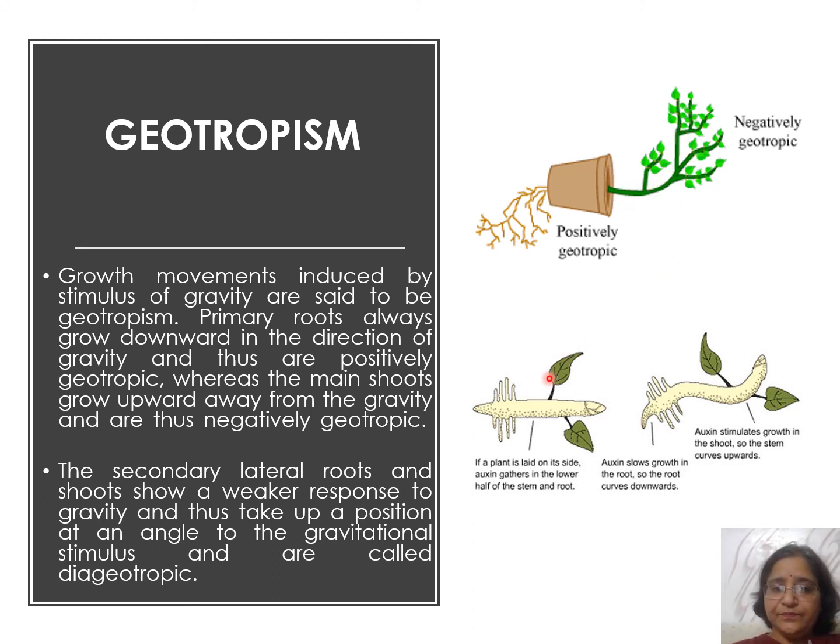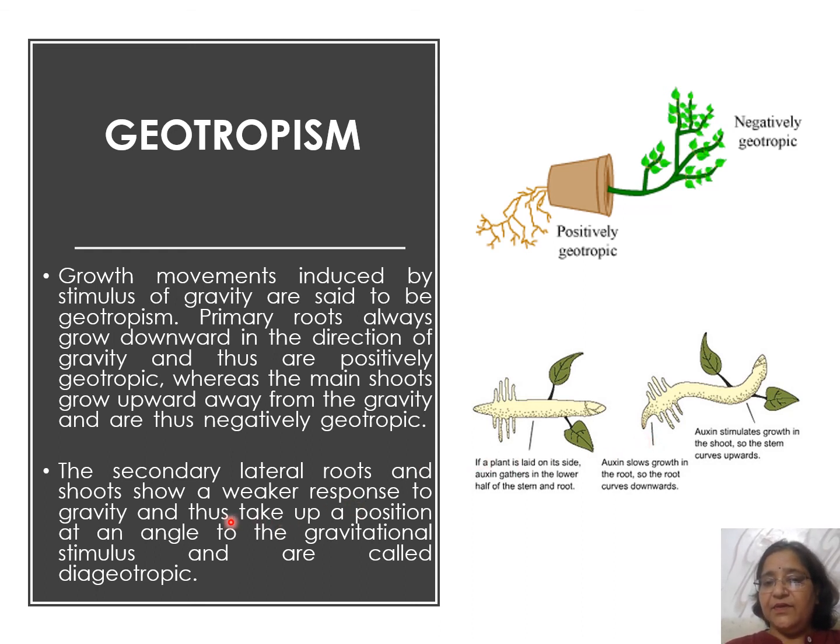Here also you can see that the auxins, due to gravity, settle towards this side. So more auxins prompt more stem growth, and the stem moves upward away from gravity, and less auxins cause more root growth, so downward, positive geotropic effect.